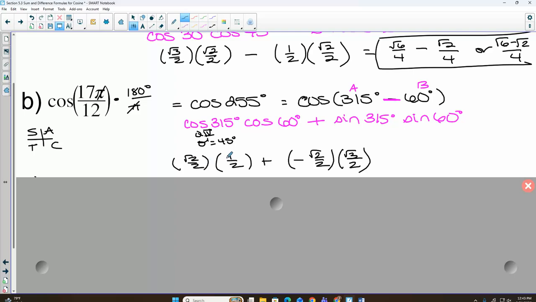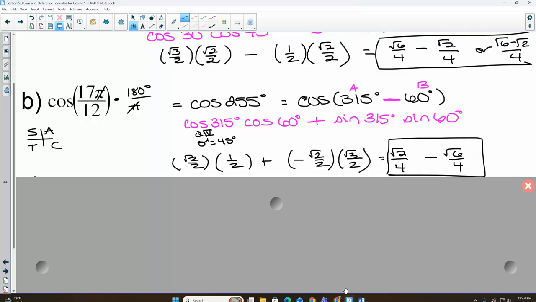Now we just multiply. So radical 2 times 1 is radical 2 over 2 times 2 is 4. Plus a negative, or you could write minus, radical 6 over 4. You could put them as one fraction if you wanted, or just leave them like that. They're all going to be pretty similar answers, involving radical 2's and radical 6's, because we're using the same reference angles, right?